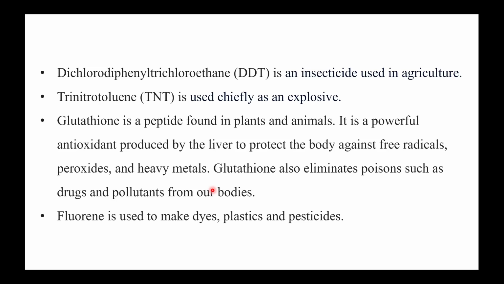In the options we had dichloro-diphenyl-trichloroethane, that is DDT. It is a very commonly used insecticide in agriculture. DDT is one of the major insecticides that has been causing health related issues, since we are consuming those agricultural products, those fruits and vegetables, and so indirectly consuming DDT, which is a big health hazard right now.